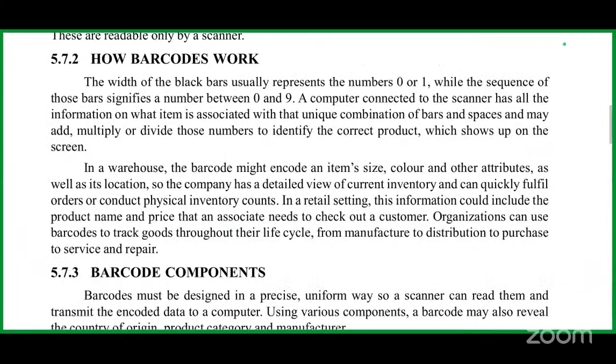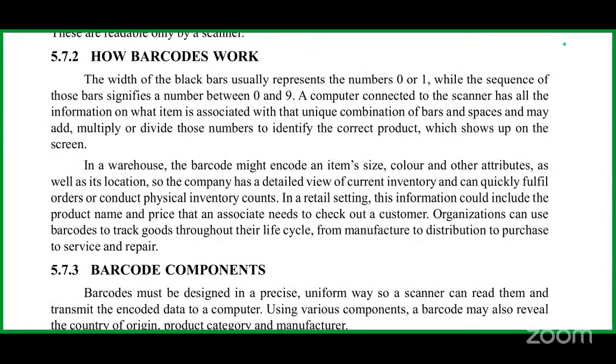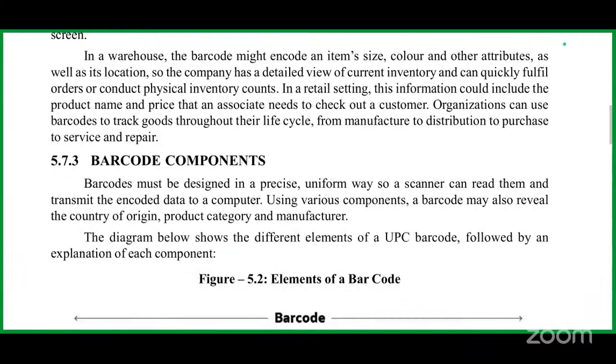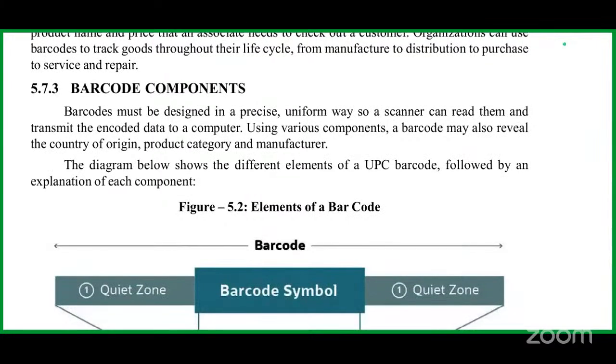And in a warehouse, the barcode might encode an item's size, color, and other attributes as well as its location. So the company has a detailed view of current inventory and can quickly fulfill the product's inventory counts. You can look at the barcode components.